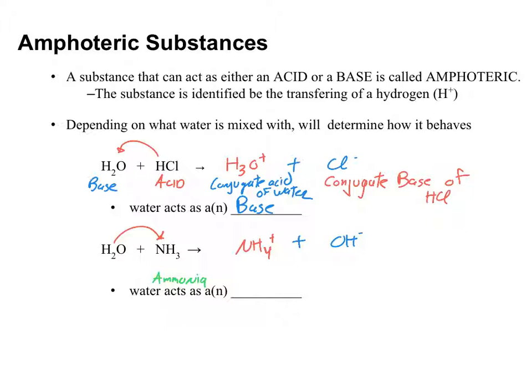So in this case, the ammonia is acting as a base, and the ammonium ion is the conjugate acid, whereas the water is acting as an acid this time, and the OH minus is the conjugate base.